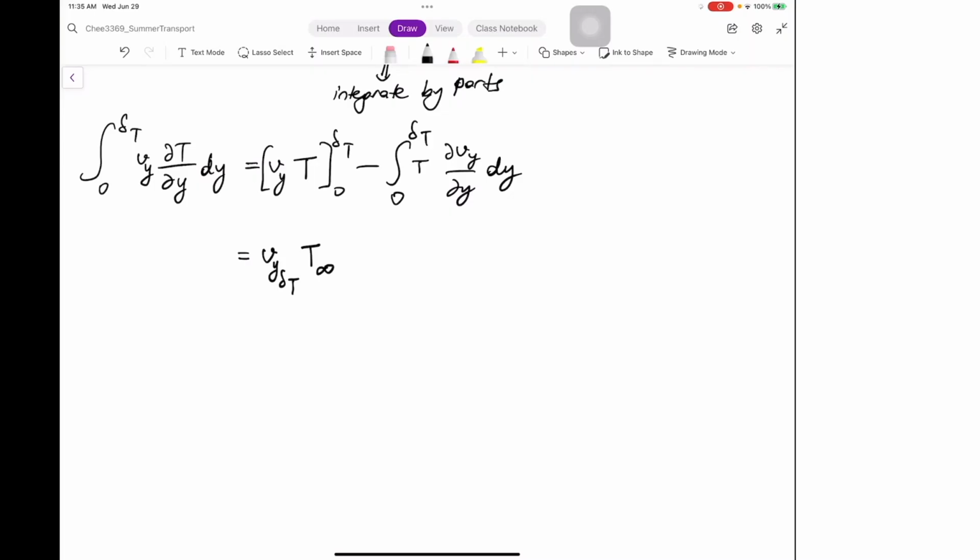Minus Vy at 0, which is 0, so we can cancel it. Minus the integral from 0 to delta T of T del Vy over del y dy.